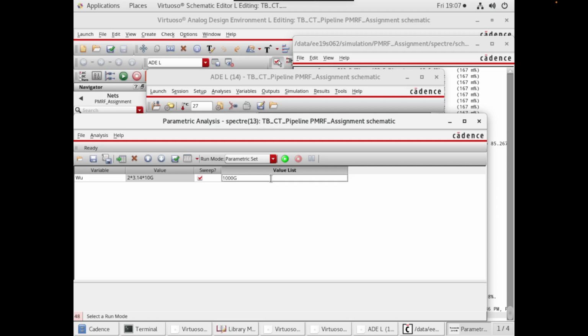Our omega naught is basically 2 pi into 100 megahertz. And basically what omega u we will have to choose is 2 times 5 times 100 megahertz into 2 pi into 10. So what it comes out to be is 2 pi into 10 gigahertz. So this is what we will have.